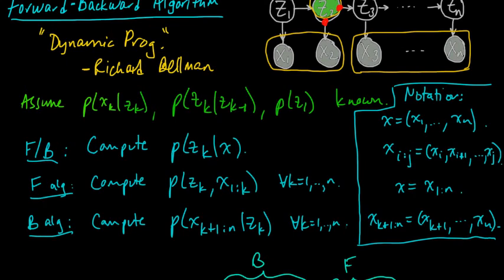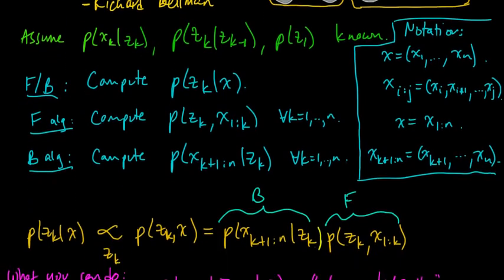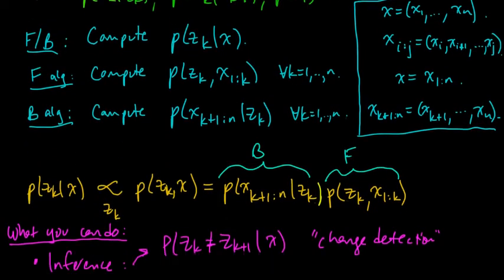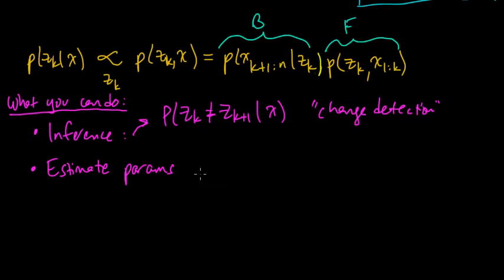Usually the initial distribution doesn't matter too much, but you might want to estimate that also. This is done using the Baum-Welch algorithm, which couples the forward-backward algorithm with expectation maximization. We haven't talked about what expectation maximization is, but we'll talk about that a little later.